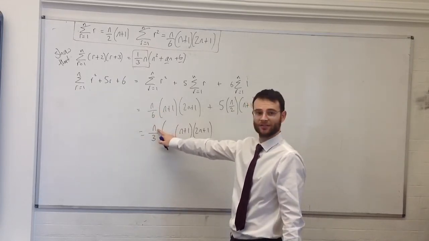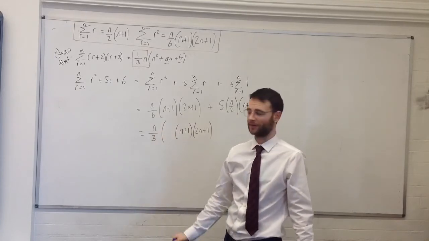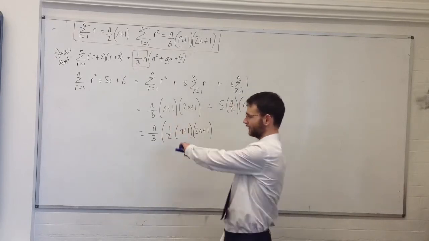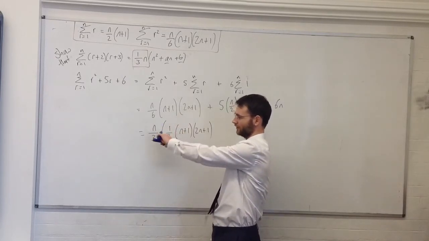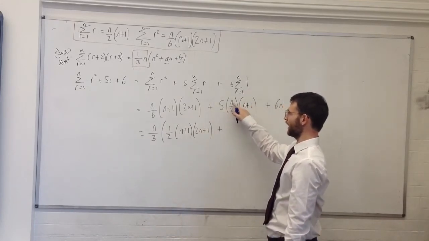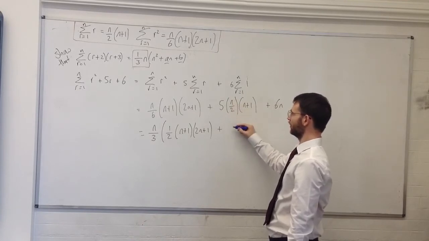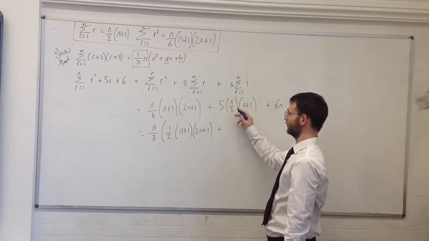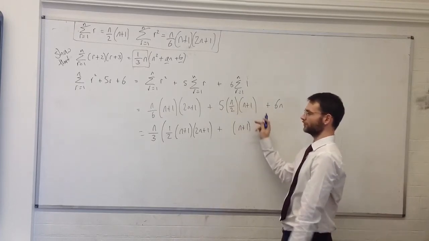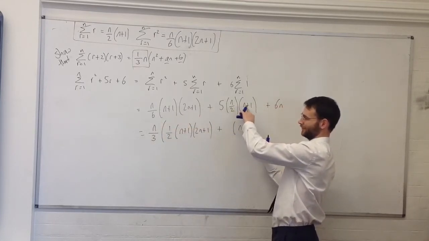Now I've got the n, but it's over 3, so I need to times the denominator by 2, so it's going to be 1/2 then. And then if I expand that out, I'll get n over 6. In this next term, well, the n is already out, so I don't need to write that. The n plus 1, so now I've got n times n plus 1.